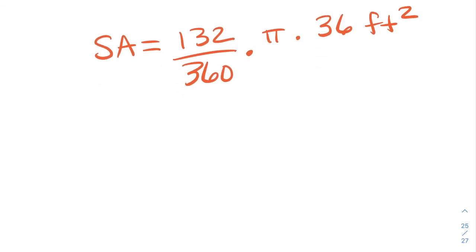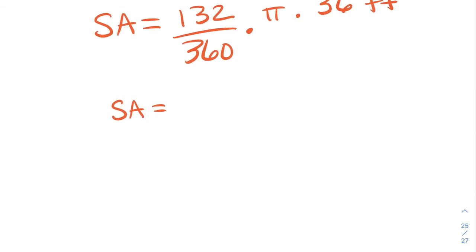Let's not simplify it. Let's just do 132 times 36. And we get 4,752 pi over 360 feet squared.